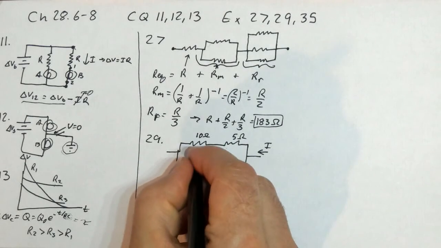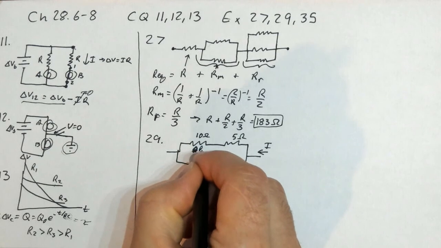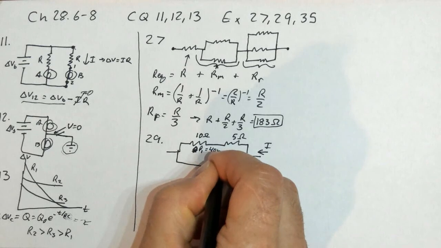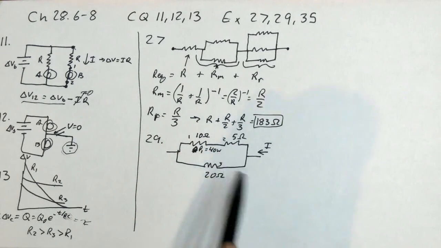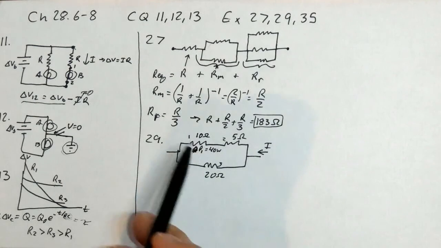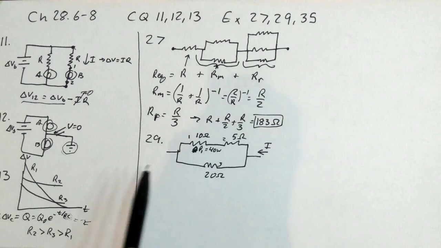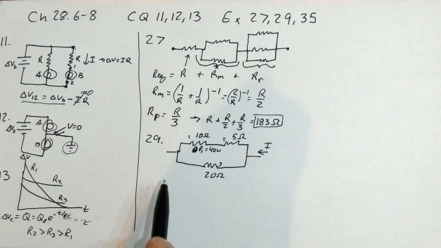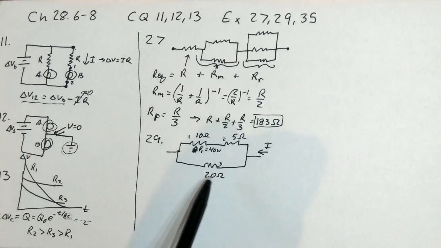And we're told that I'm going to call this P1 is 40 watts. So I'm going to call this resistor 1, this one 2, and this one 3. Okay, we're told that this resistor is dissipating 40 watts of power. Okay, 40 joules of energy per second. And then the question is, what is the power dissipated by these ones?